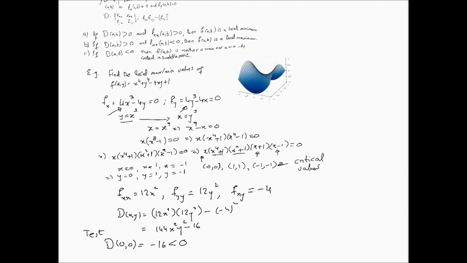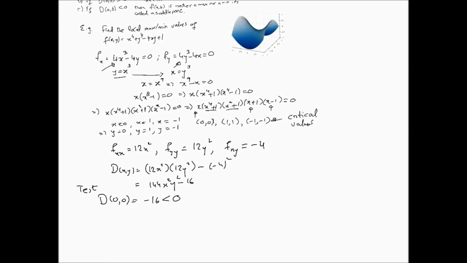Okay, so less than 0 means that this is a saddle point. So therefore, our conclusion is that f of (0, 0), in this case equal to 1, is a saddle point. Okay, so that's one point classified and identified.